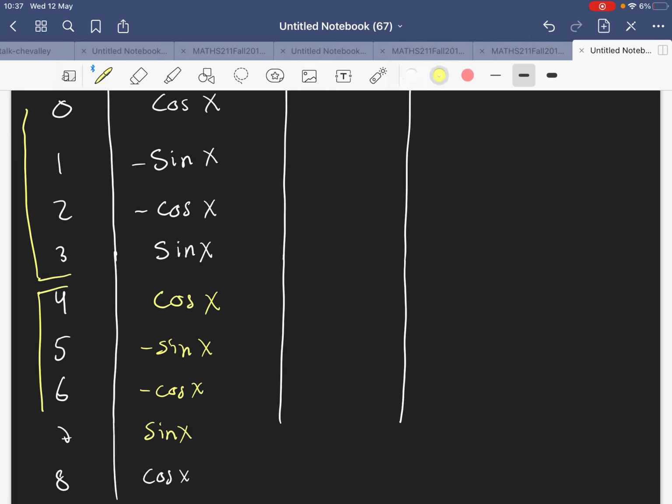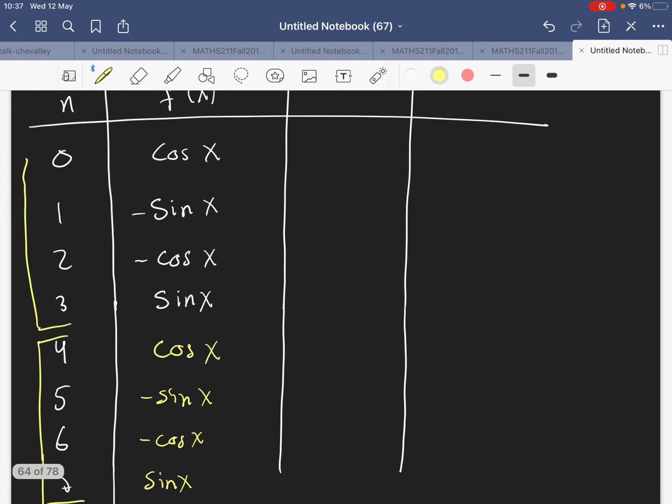And so on. So the pattern is easy, because every 4 steps we go back to what we started with. Let's focus on the first part, and I think the rest will follow.